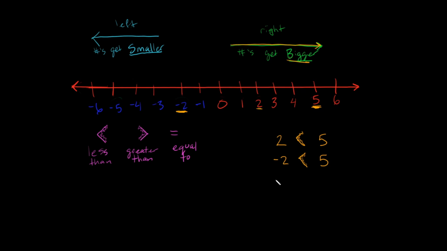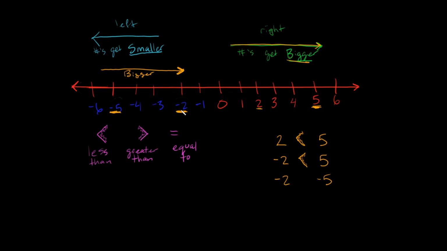Let's do another one. -2 and -5. Okay, well, now we got two negative numbers, right? We have -2 and -5. Which number is bigger? Remember, when we move to the right on the number line, the numbers get bigger, okay? So which number is further to the right? -2 is, right?